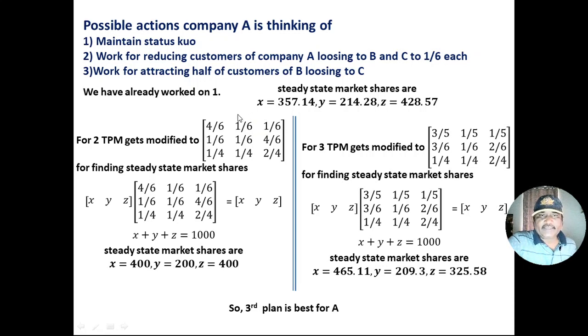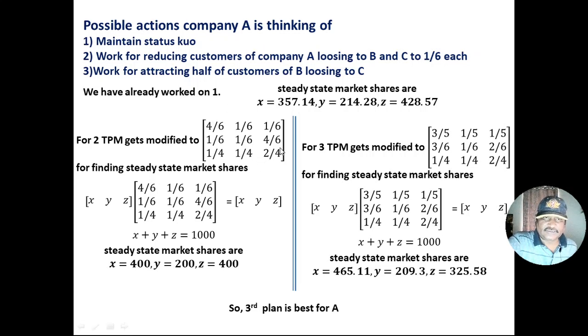Here I made them 1 by 6, 1 by 6, and therefore this was changed to 4 by 6. No change occurred elsewhere. And then work for attracting half of the customers of B losing to C. All these things are going to make some changes in the transition probability matrix.